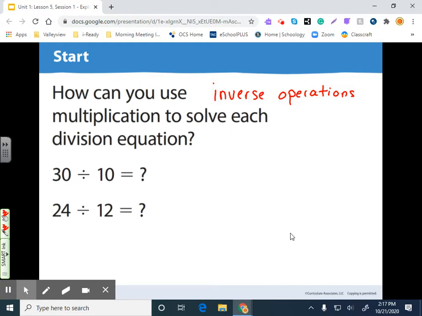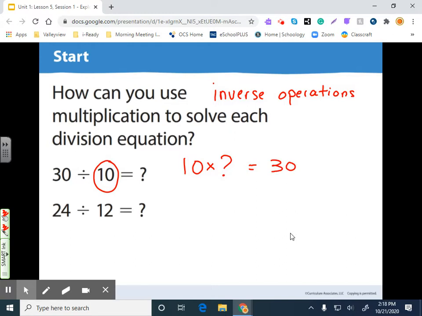Let's look at the first one. We have 30 divided by 10. Now, using multiplication to solve that, we can take this 10 right here and know that we've got to do 10 times something will equal 30. And a lot of you can do that one in your head.